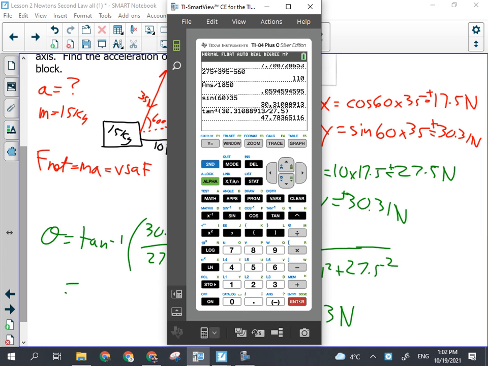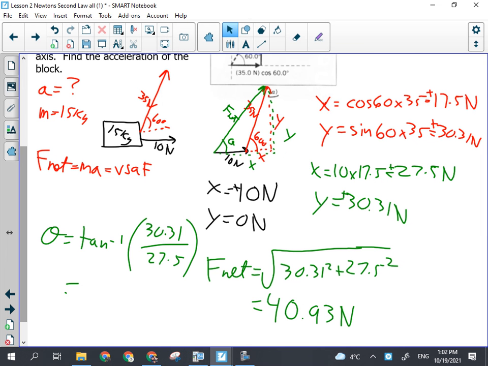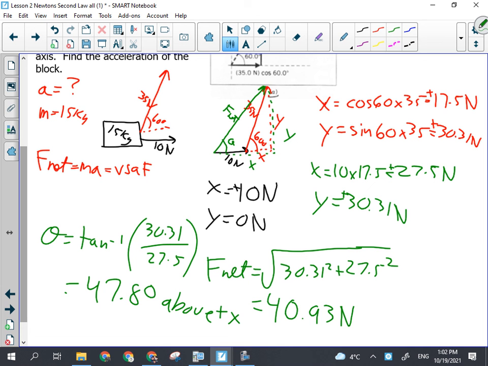All right, so we're looking at 47.8 degrees, and that's above the positive x-axis. So now I've got my net force.